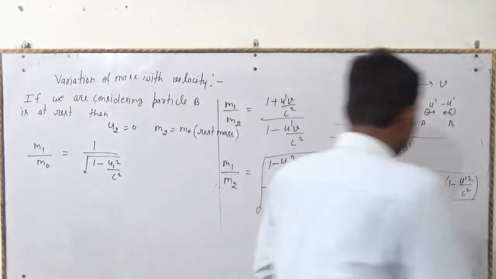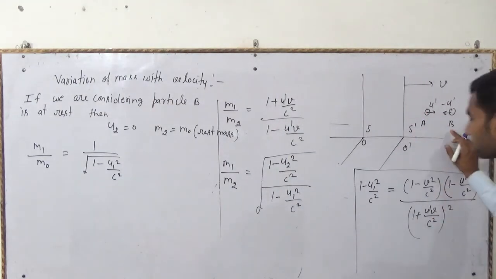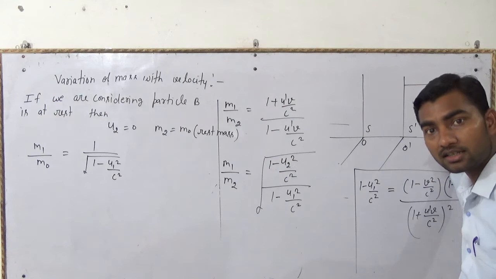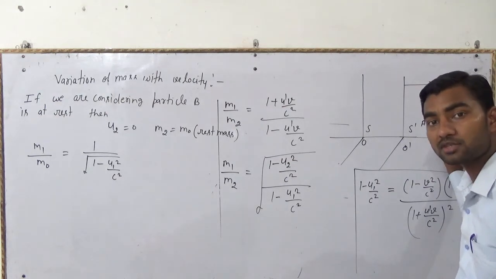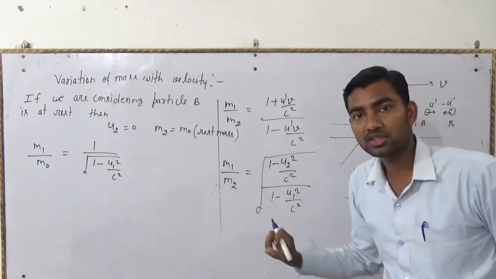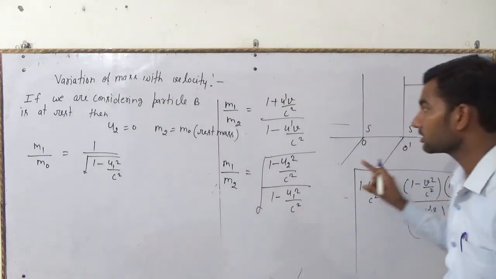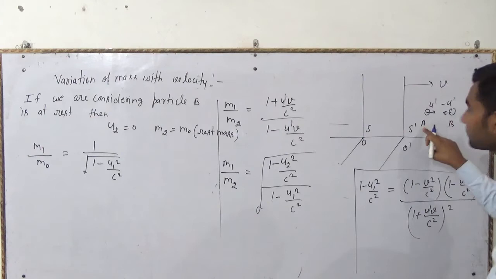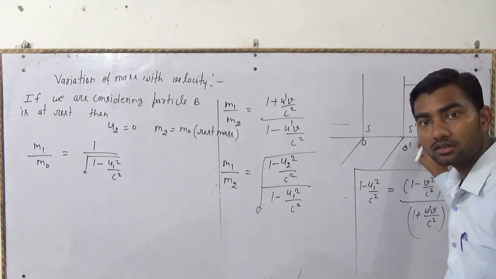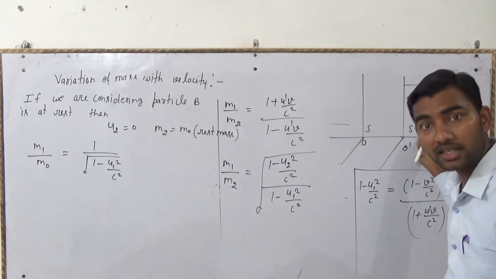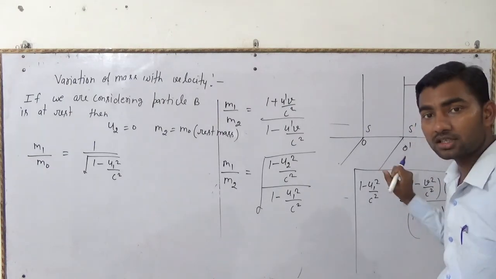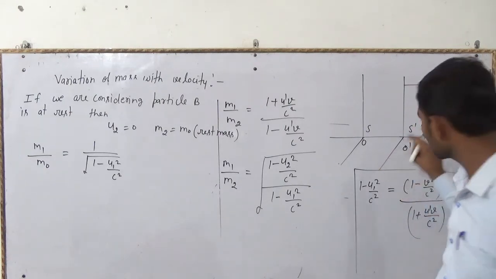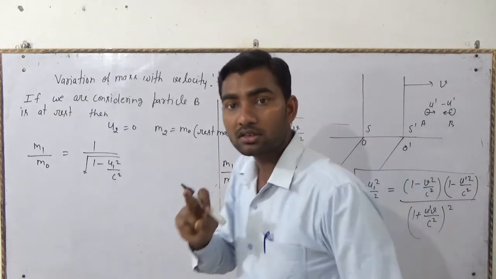Here we want to repeat again. If we consider this particle at rest, then its mass will be m naught, which is known as rest mass, and this rest mass is also of particle A. But this particle is moving.